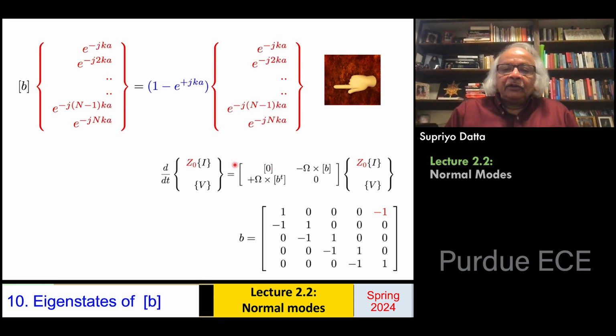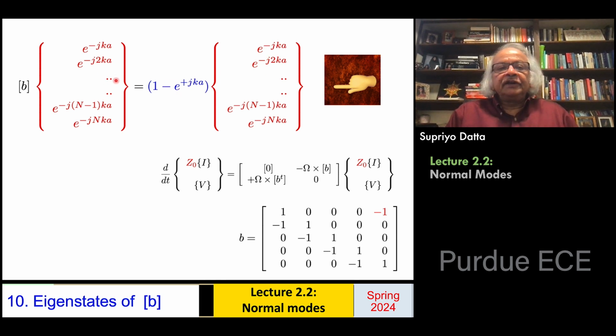Okay. Now the thing is that this matrix B, it's very easy to write down its eigenvectors. What's an eigenvector? The idea is you want a vector such that when you multiply it with B, you get some number times the same vector.